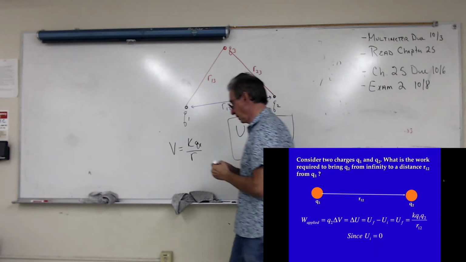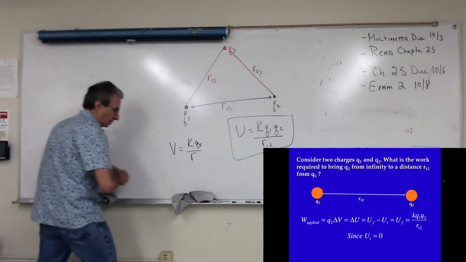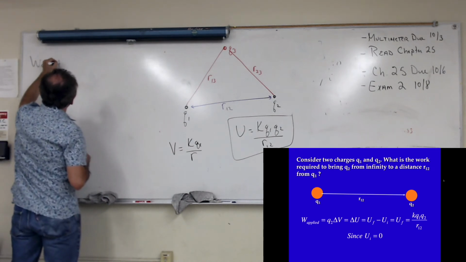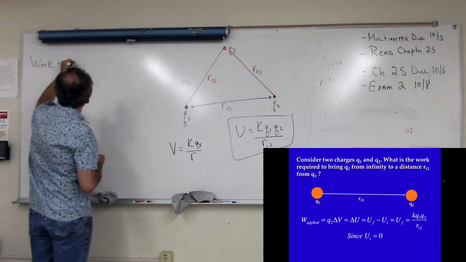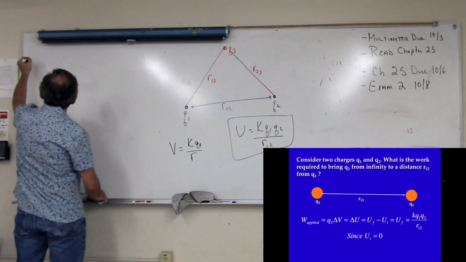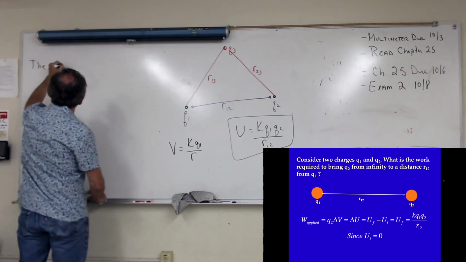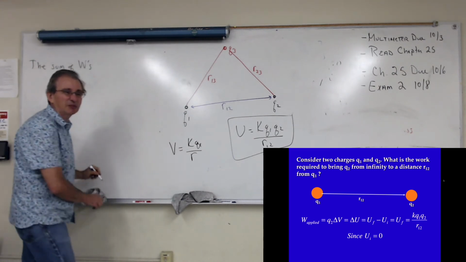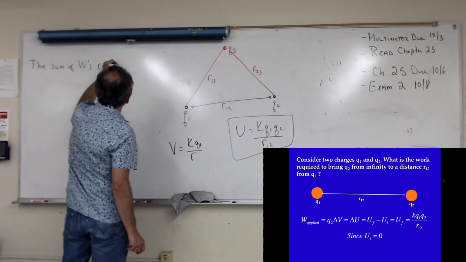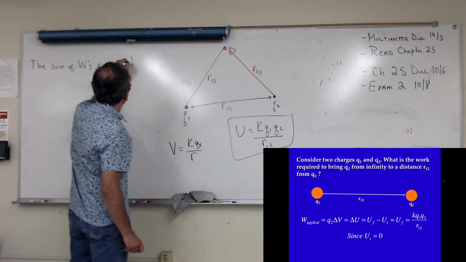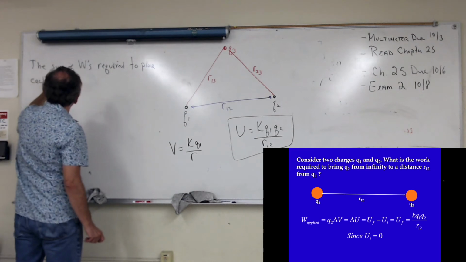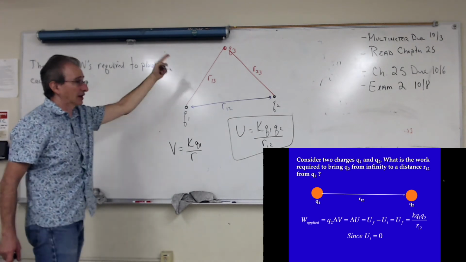So the total work is going to be the sum of the W's required to place each charge at their location in space.